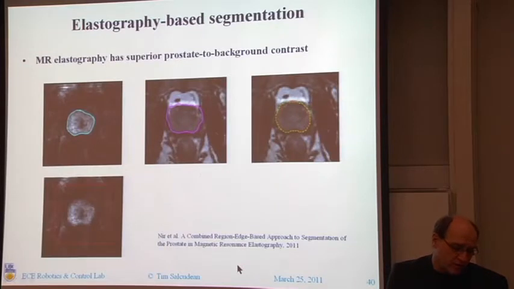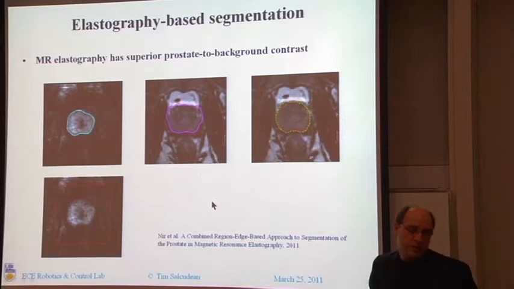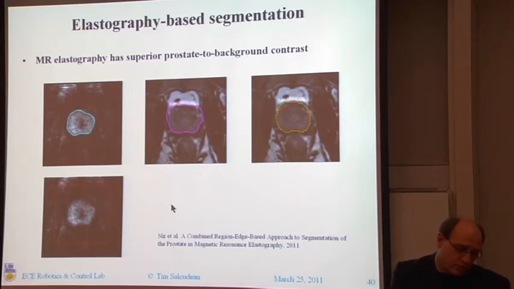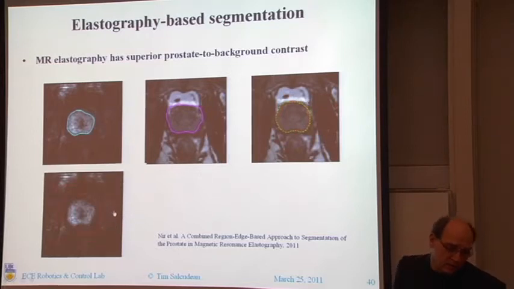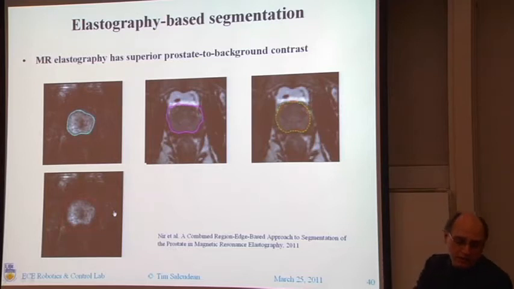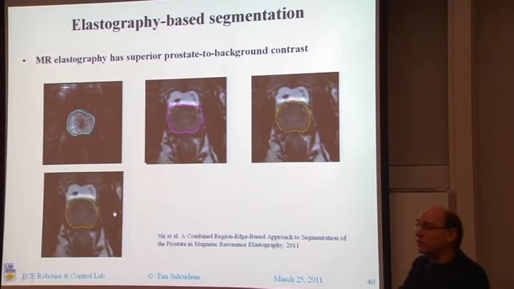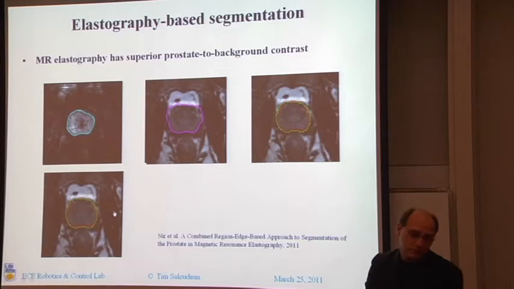And recently we have a MICCAI submission where we've done the same with MR elastography images, in which we use a combination of region-based and edge-based segmentation of the prostate in magnetic resonance images to basically get automatic segmentation of the prostate.